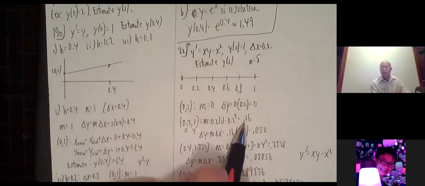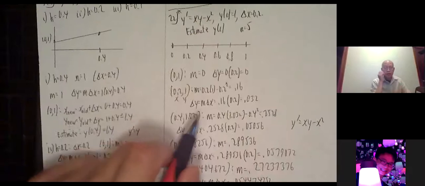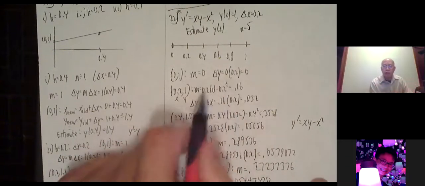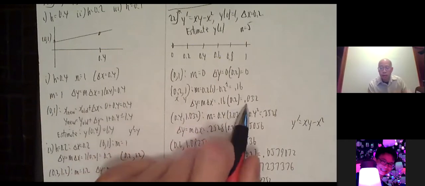Again, I did it before. I'm not going to waste class time for that, but check to make sure you get the same thing. So my new slope is 0.16. Now how do I find delta y? Delta y is m delta x. So 0.16 times 0.2. For this one problem, the delta x stays at 0.2. And that comes out to be 0.032.